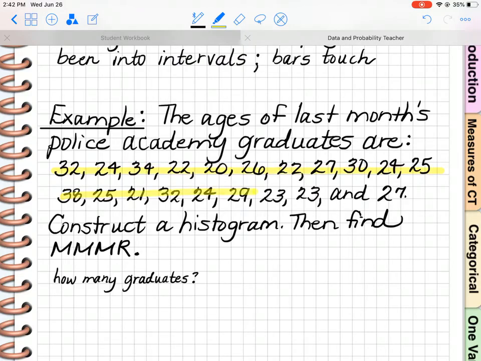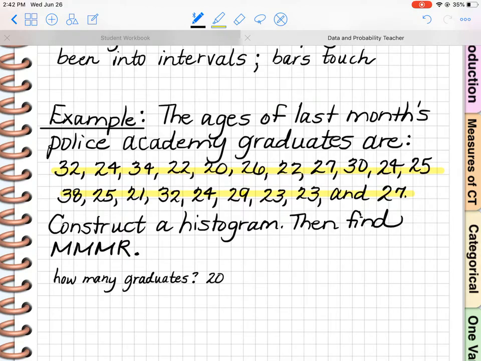These are all the ages. So let's just count the people, starting with this person who's 32. There's 1, 2, 3, 4, 5, 6, 7, 8, 9, 10, 11, 12, 13, 14, 15, 16, 17, 18, 19, 20 people who have ages listed. So there are 20 new police officers from this program.